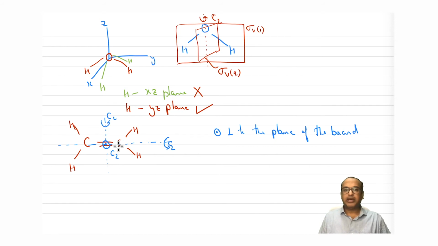Which one will be the principal axis? The principal axis by definition is the highest order axis passing through the highest number of bonds. So that means this right here is my principal axis, right? Now the principal axis has to go along the z axis, so let's draw the coordinate system: x, y, z.